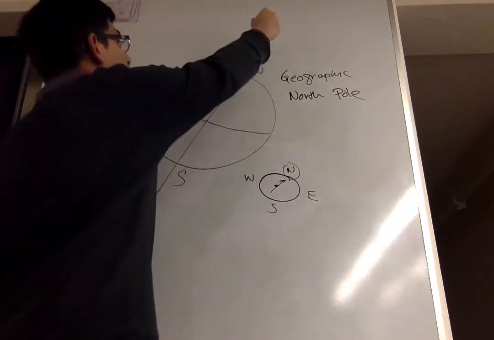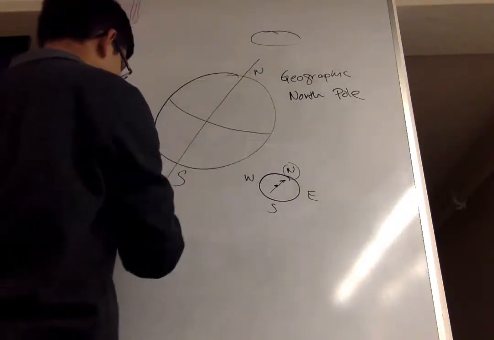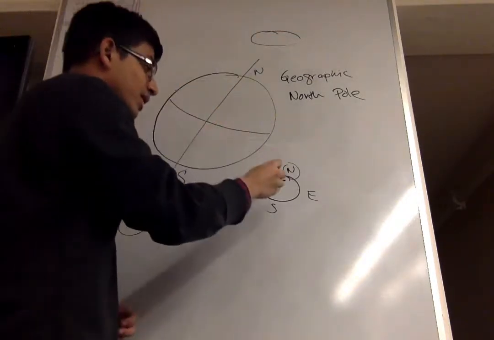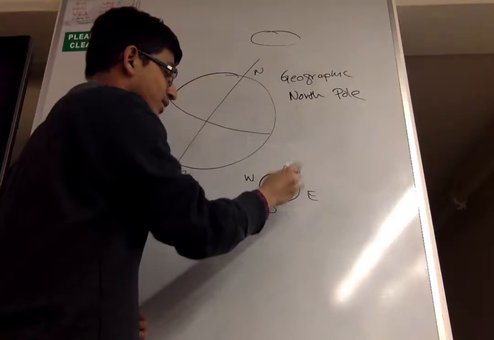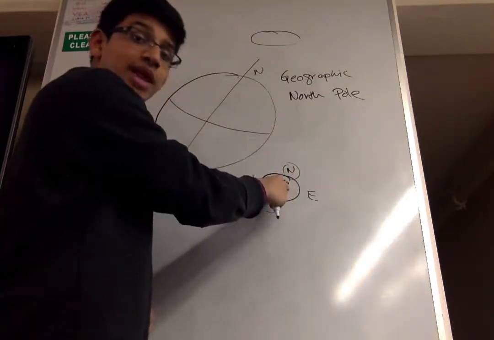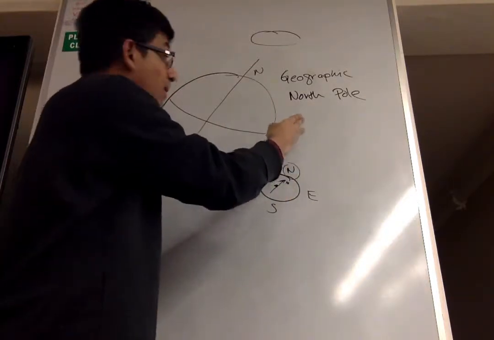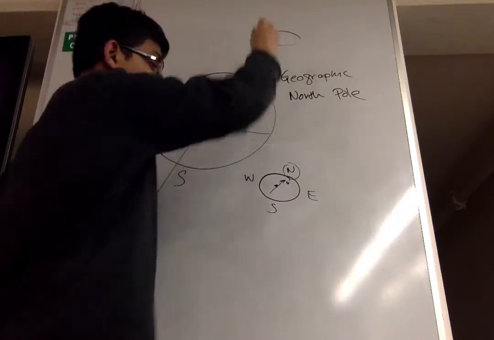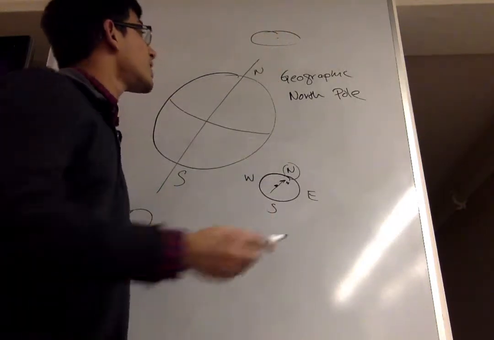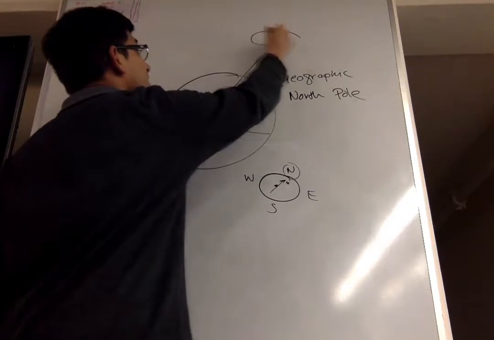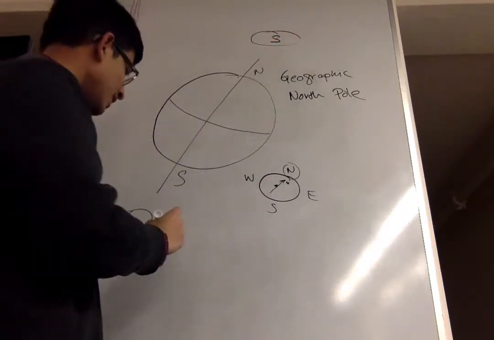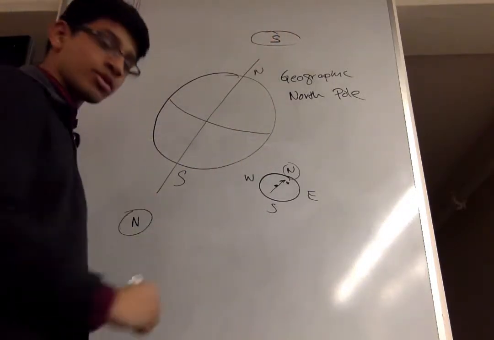So it has some magnetic pole here and some magnetic pole here. So if this pole here, the north pole of the magnet, pointed to this pole of the Earth, since we know opposite poles attract, this pole has to be the magnetic south pole, and therefore this pole has to be the magnetic north pole.